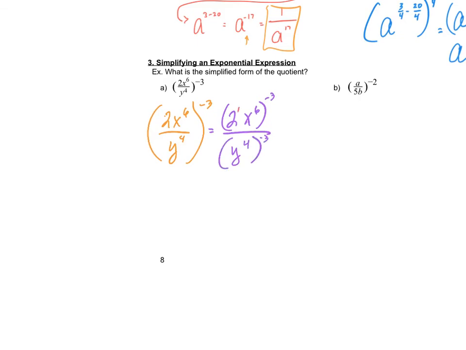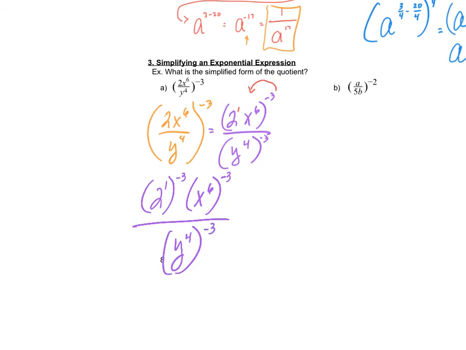I need to remember that that is 2 to the 1st, and that my exponents go to everything within those parentheses. So that becomes 2 to the 1st raised to the negative 3rd times x to the 6th raised to the negative 3rd over y to the 4th raised to the negative 3rd. And we know we have a lot of stuff going on here.